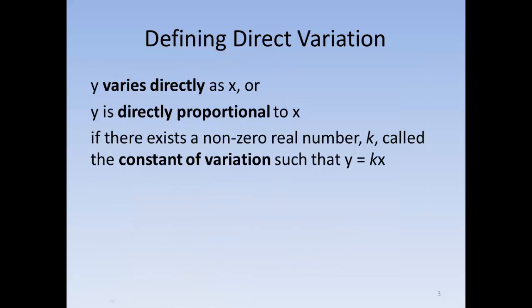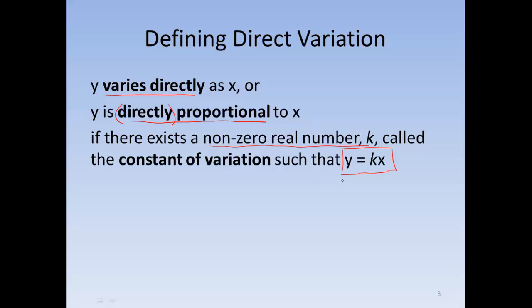So, formal definition. The words that they use, they say it varies directly or is directly proportional to. Sometimes they might leave out the word directly and they'll just say y is proportional to. These words mean there exists a non-zero real number called k, the constant of variation, such that y equals k times x.